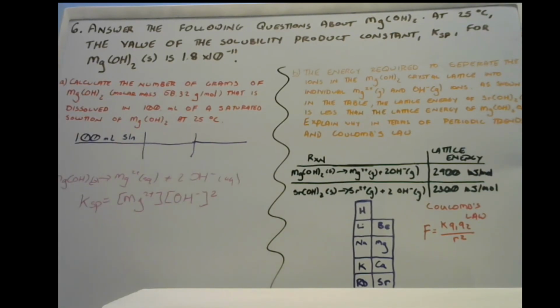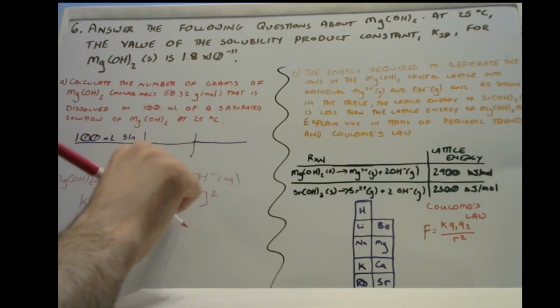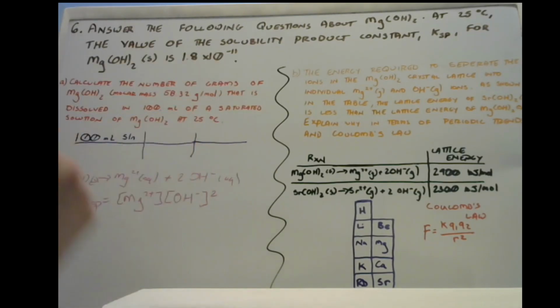Okay, let's keep going. We know our Ksp, so all we need to do is solve for concentrations. If you want, you can go through an ICE table, but it's simpler to go, okay, for every 1 magnesium hydroxide, we get x amount of magnesium and 2x hydroxide, because there's 2 hydroxide.